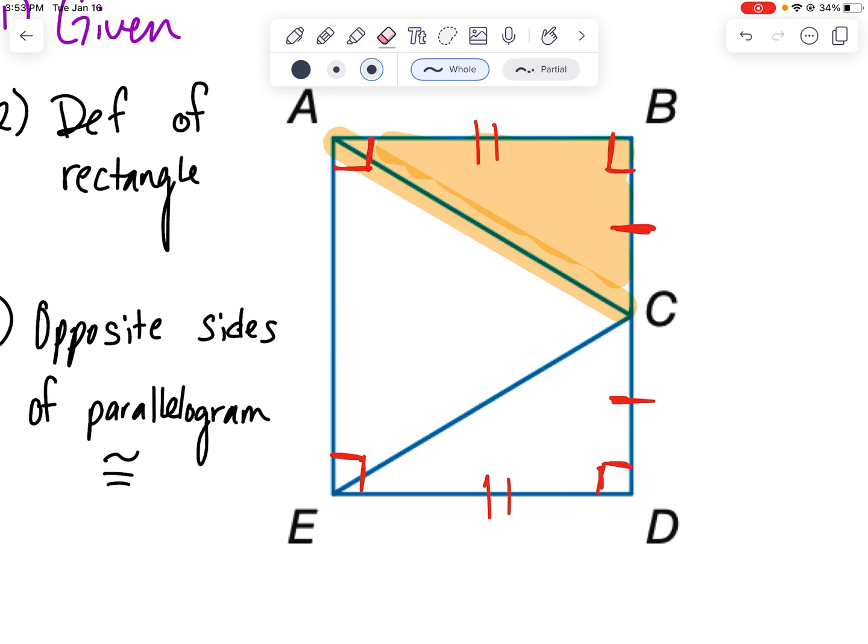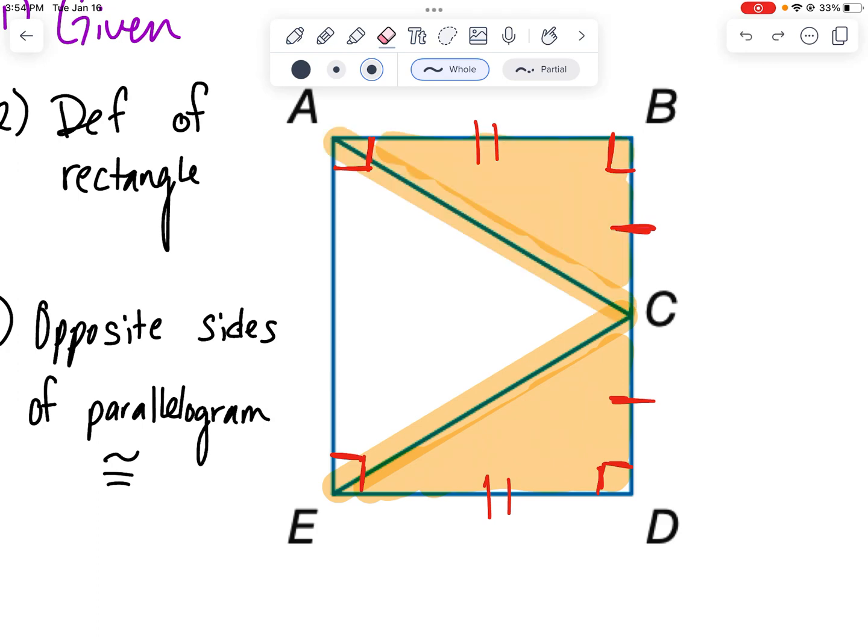So looking at the top triangle, ABC, I need to prove that this is congruent by something, right? Side, side, side, or side, angle, side, or angle, angle, side, or even hypotenuse, leg. It looks like on that top triangle I have two sides and the included angle. And on this bottom triangle I also have two sides and the included angle.